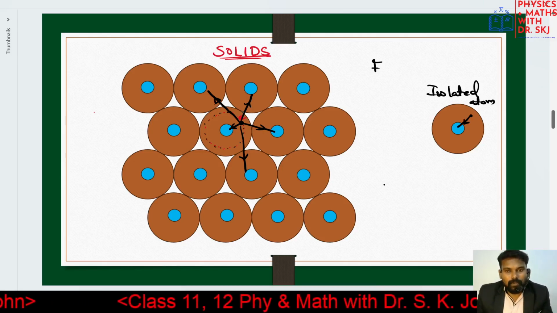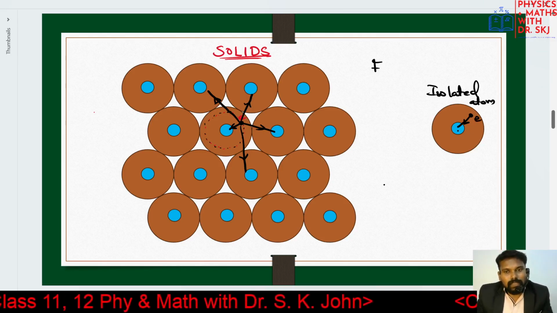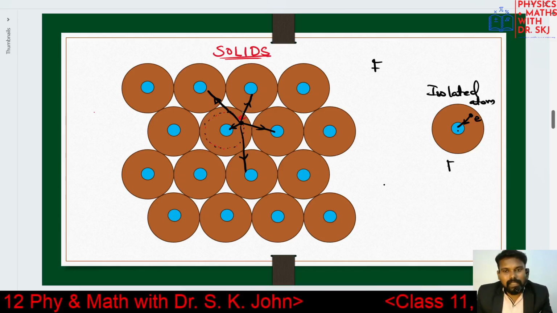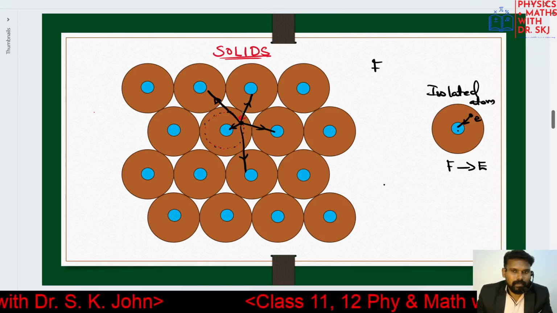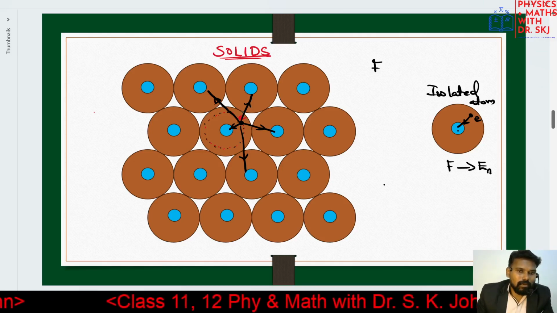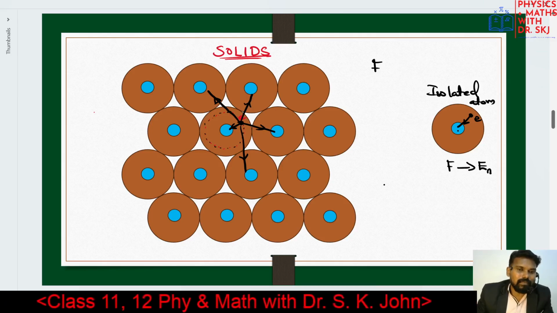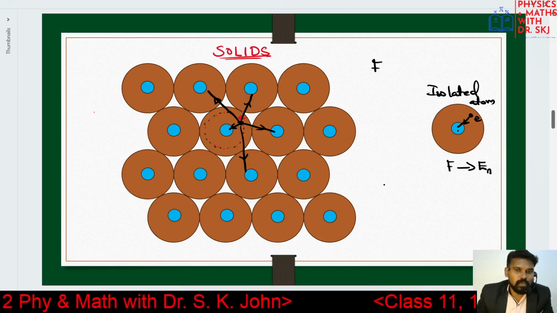Okay, its own nucleus. So this electron is attracted by its nucleus. This attraction determines the force, and this force determines the energy levels. But for this electron, there is attraction from the nuclei of neighboring atoms also.